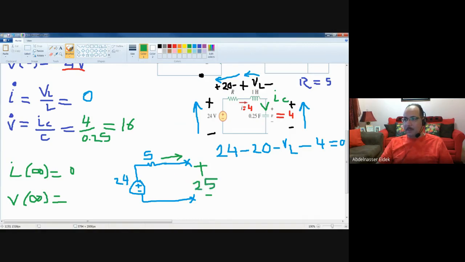So the source will be applied directly on the capacitor. So it will be 24. So this is the solution of the last problem in this part of the second order circuit. The next part is about source free RLC circuit. See you.